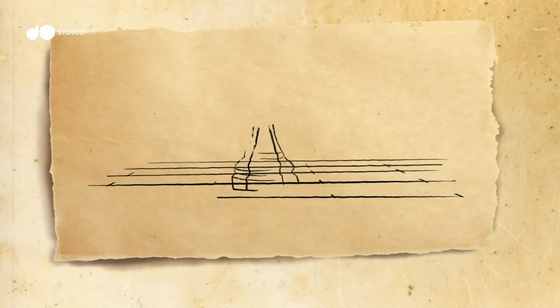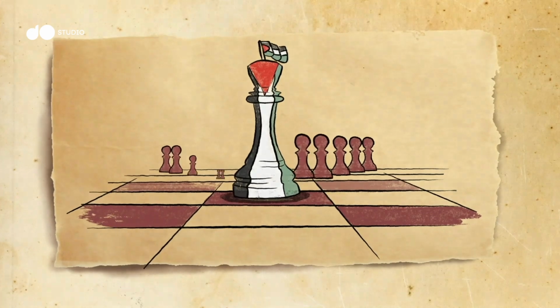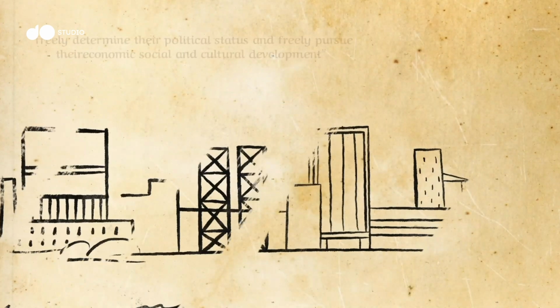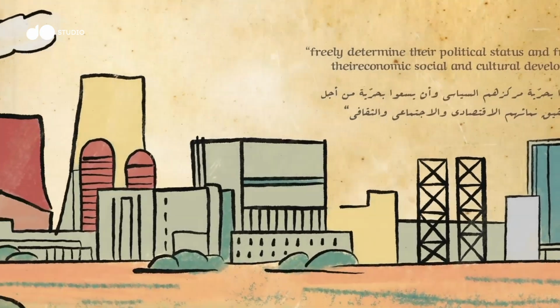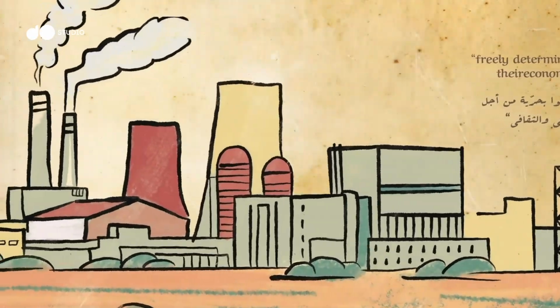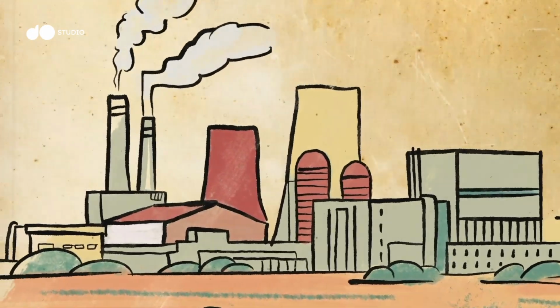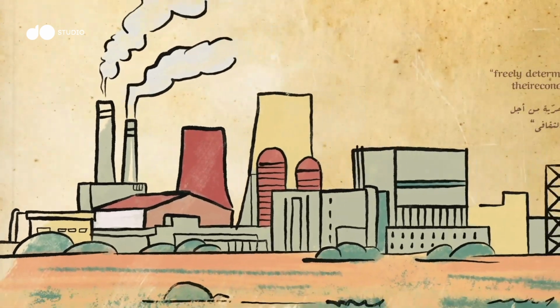The occupied Palestinian people are the inherent sovereign of the territory, and they have the right to freely determine their political status and freely pursue their economic, social, and cultural development, and to act in the best interests of their collective right to self-determination.